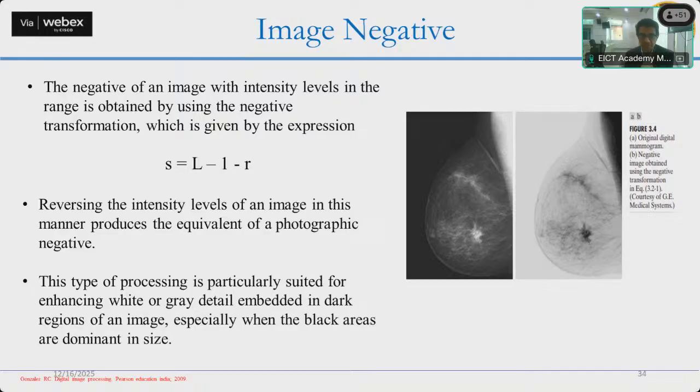It has been shown that reversing the intensity levels of an image in this manner produces the equivalent of a photographic negative. This type of processing is particularly suited for enhancing the white or gray detail embedded in dark regions of an image, especially when the black areas are dominant.